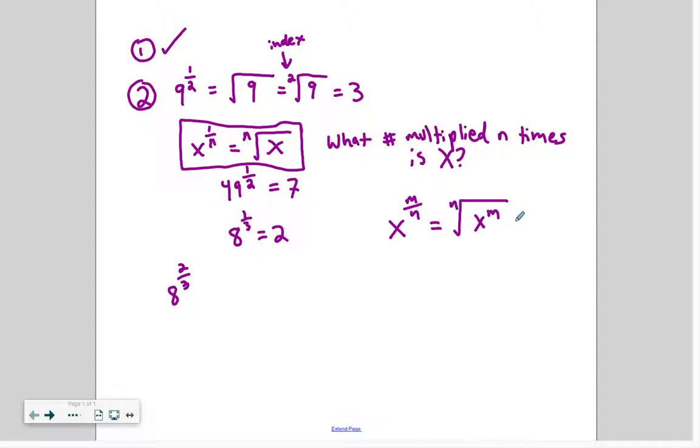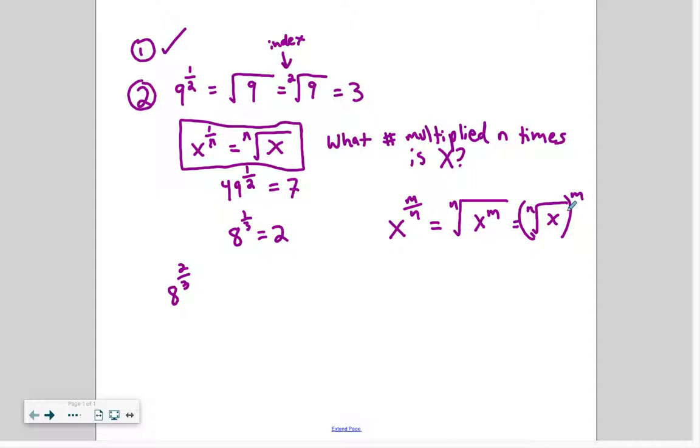It's also equal to the nth root of x, all raised to the m power. In one case, you make the number bigger and then make it smaller with the root. In the other, you make the numbers smaller by taking the root first, and then make them bigger by raising them to a power.